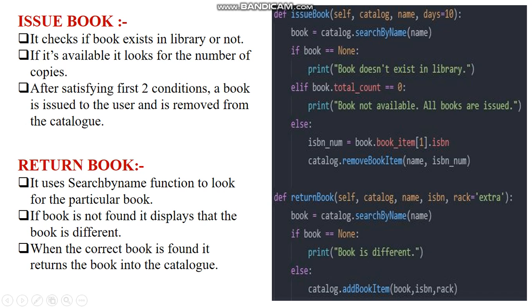So here it looks for the name of the book using the search by name function that we saw earlier. If it returns that the book is none, that means the book is different, and it prints that you are returning a different book. Else, it says that yes, this is the right book, and it updates that book into the catalog using the catalog.addBookItem function, and when the correct book is found, it returns that book into the catalog.